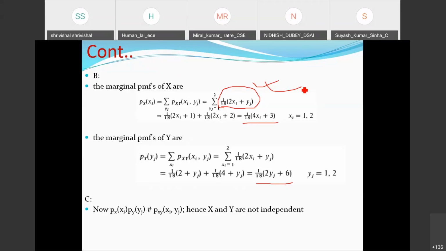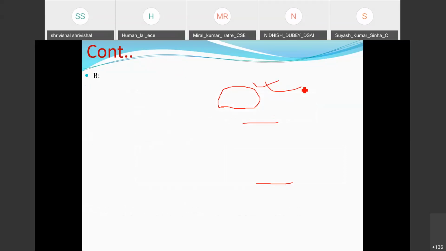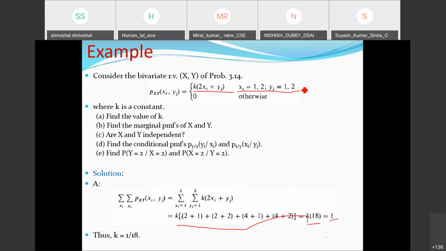If this product is not equal, then x and y are not independent. So the next question is: find the conditional, what we got from the D part, D and E. Did I tell anything wrong?